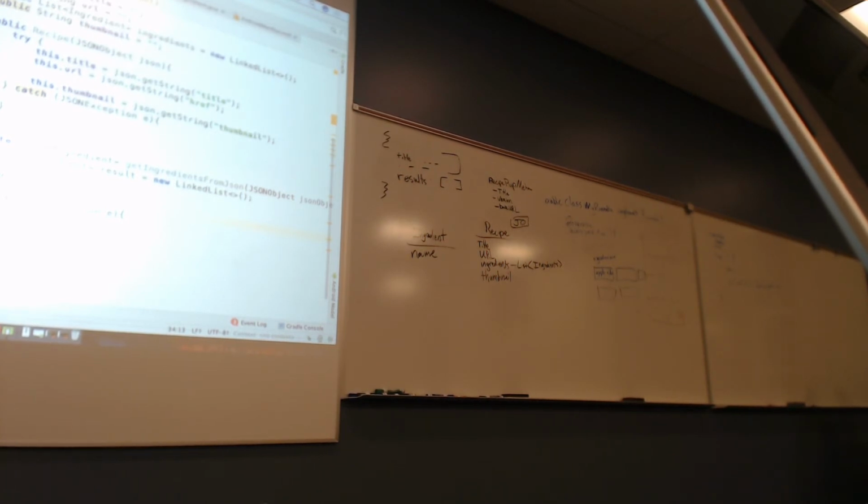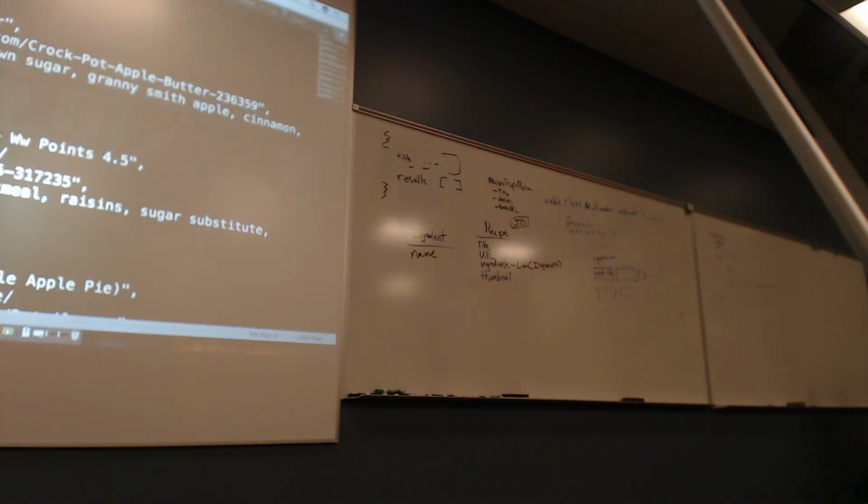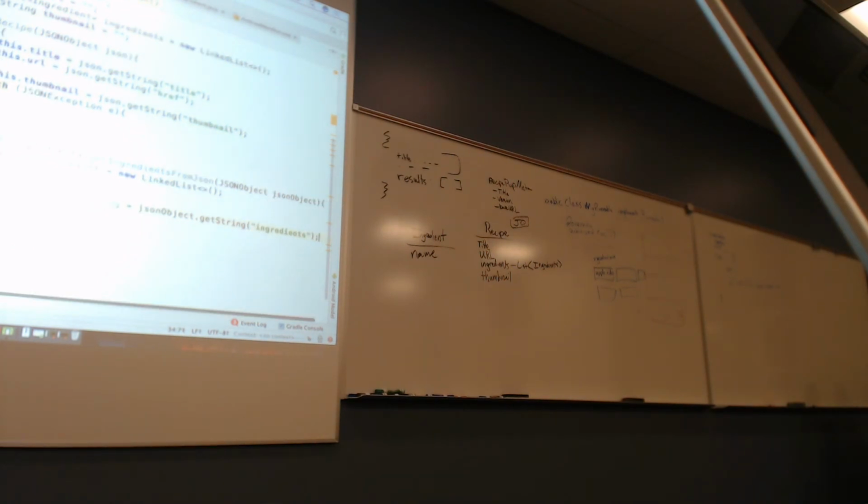And then in here, we're going to do string ingredient string equals JSON object dot get string. Go back, paste this. That's actually the best approach, just literally copy and paste your JSON tag.